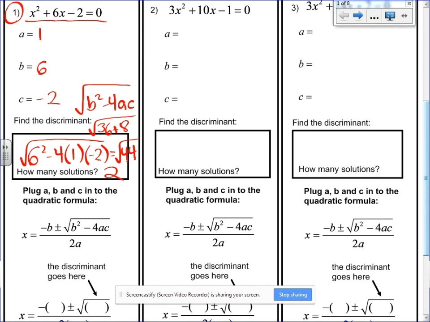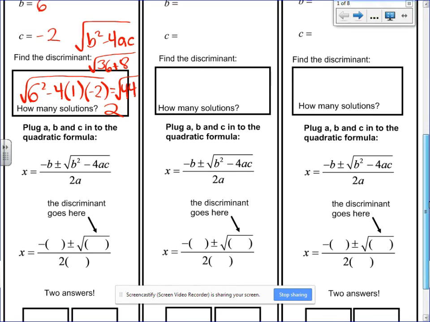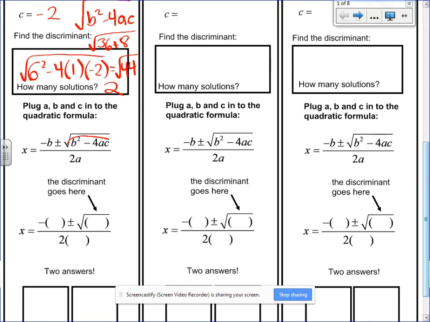So then I plug a, b, and c into the quadratic formula. The nice thing is, this whole thing was already found to be 44. So I can just plug that in right here. So I do the opposite of b, of course remember b being 6, and then plus or minus the square root of the discriminant, which we found to be 44, over 2 times a, which was 1.